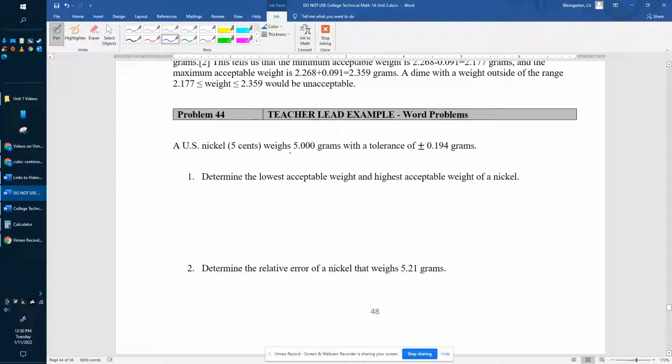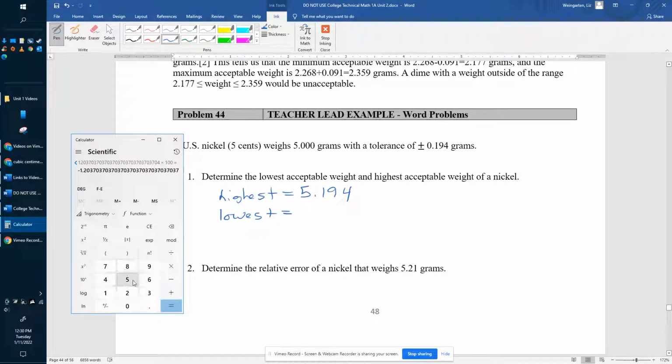Lowest acceptable weight is going to be 5 grams minus 0.194. So highest is going to be equal to 5.194. Lowest is going to be equal to, I'll do the calculator, I don't trust my brain, 0.194, 4.806.